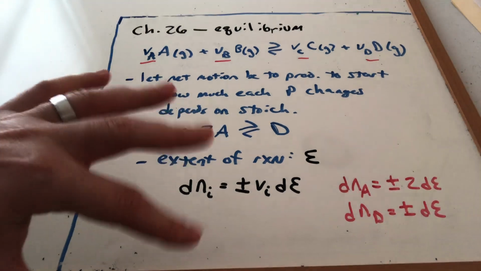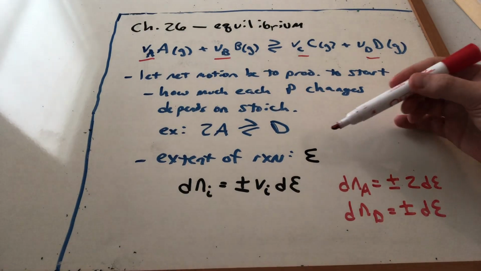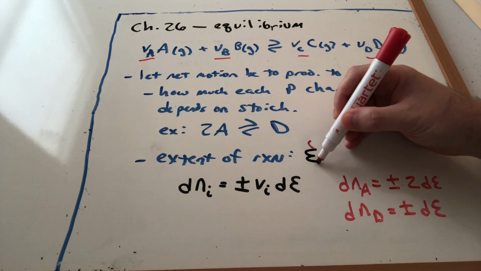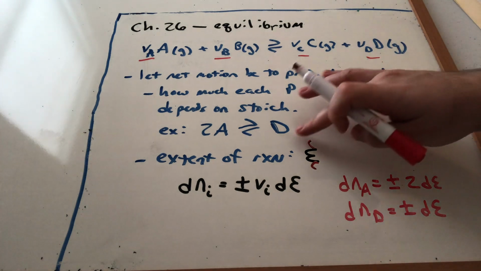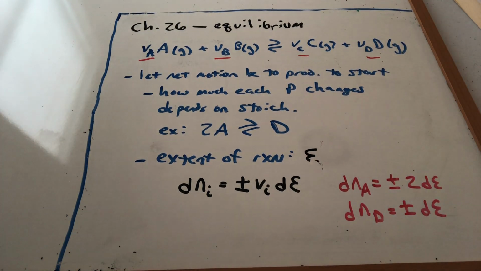In thermodynamics, we take that same idea and we define what's known as the extent of reaction. Your book uses that funny symbol that looks like this, but I can't draw that over and over again, so I'm just going to use epsilon. So our extent of reaction is going to be epsilon.